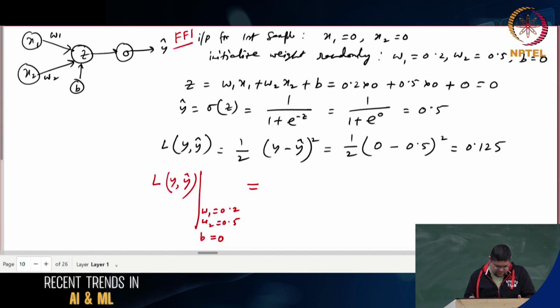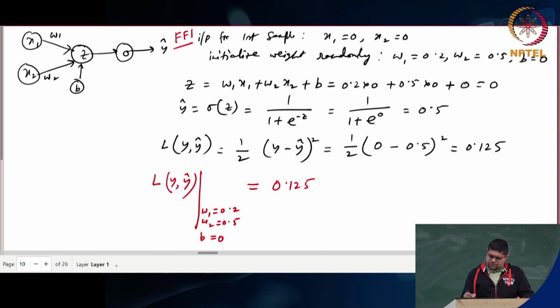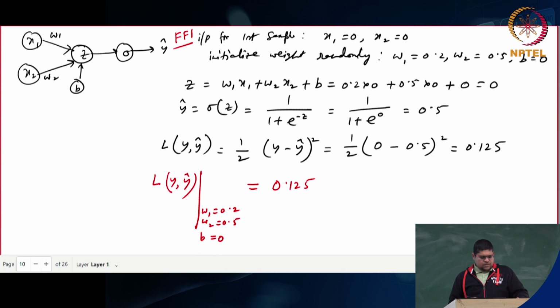In terms of this I have got 0.125. Okay, just in terms of whatever I have taken W1, W2 and B, because that is our main objective. So I will update these W's.